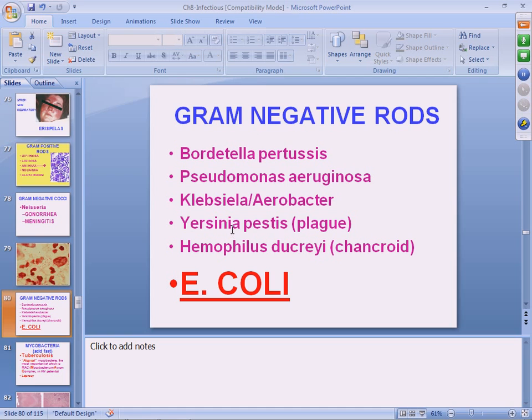Yersinia pestis, the etiologic cause of plague, formerly called Pasteurella pestis, also a gram-negative rod. And a relatively rare STD called chancroid, which has a lot of features similar to a chancre, is another gram-negative rod, Haemophilus ducreyi. And almost all of the Haemophilus are gram-negative.